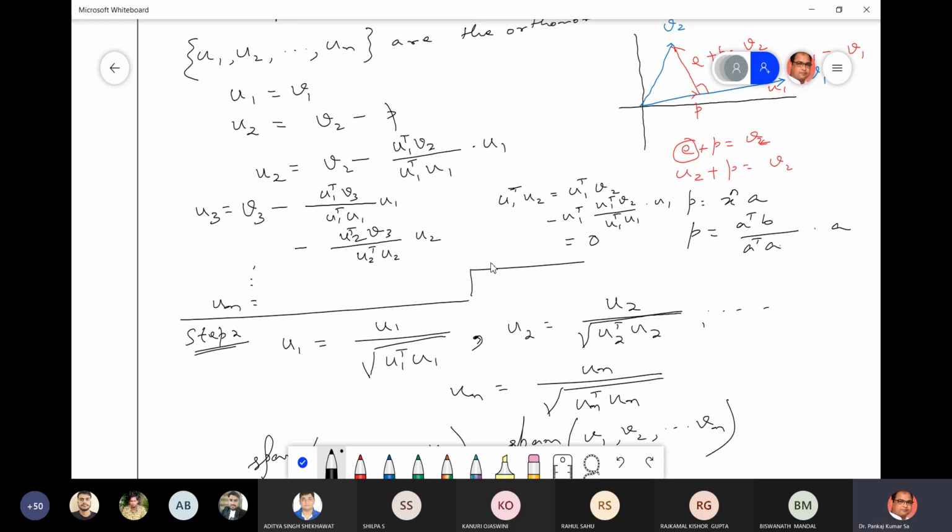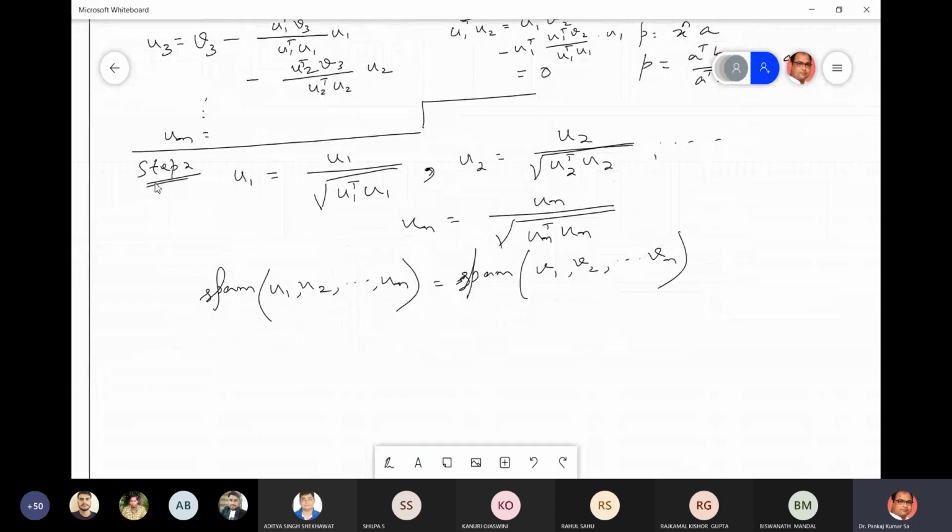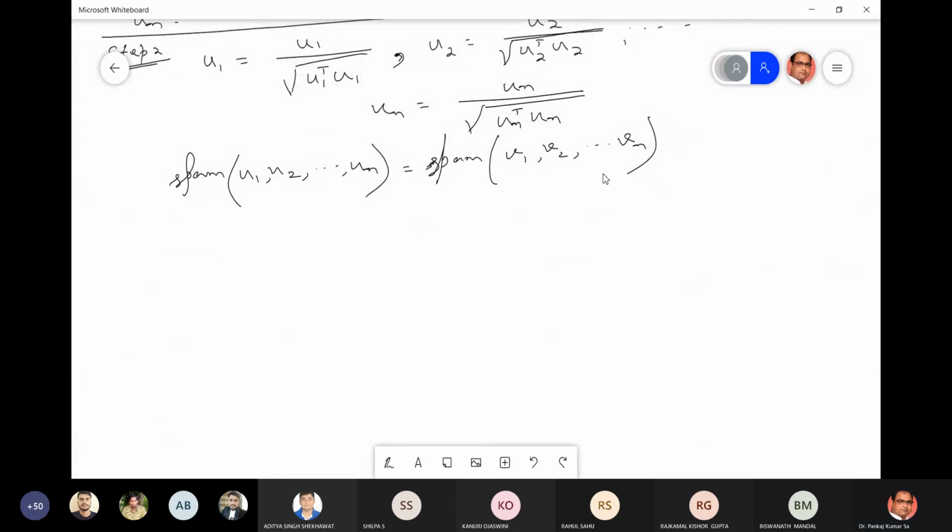So what we saw in the very first class, if something is the span of v1, v2, vn, their linear combination also holds the same span.